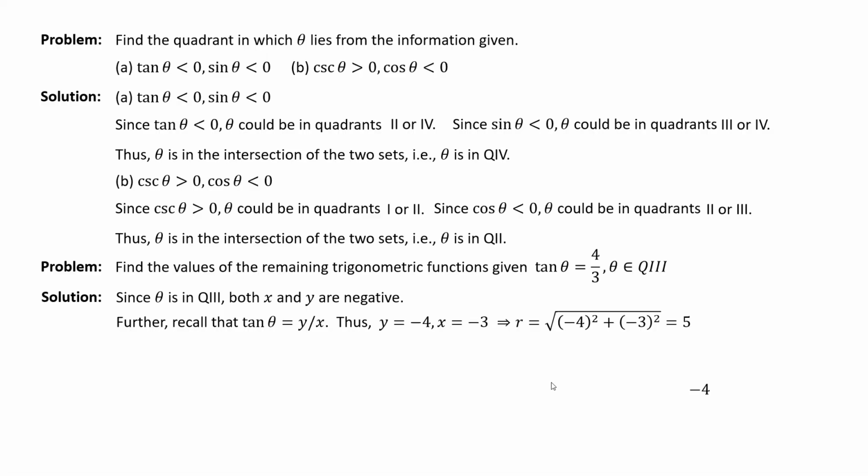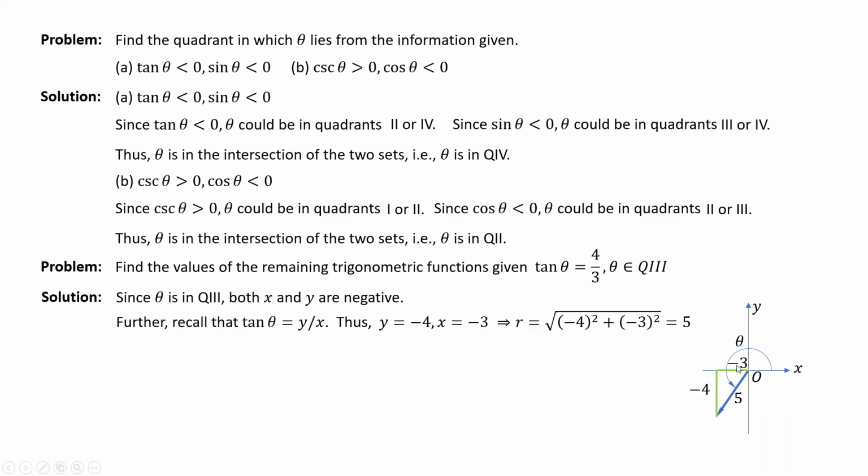Once we know that, can we figure out R? Pythagoras theorem: square root of negative 4 quantity squared plus negative 3 squared. That turns out to be 5. Once we know this, we need to draw a picture.